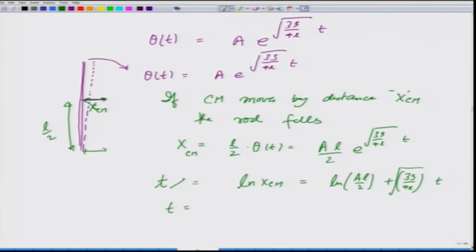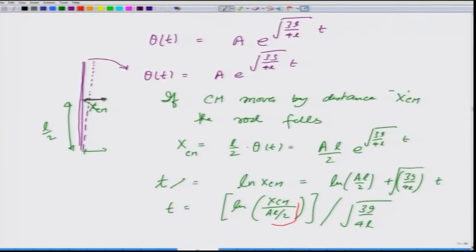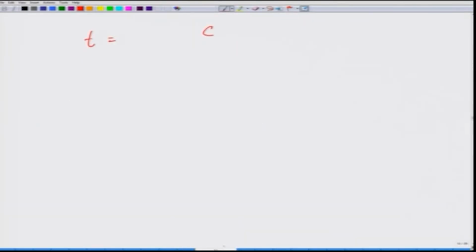So, t is log of x Cm divided by aL by 2, divided by square root of 3g over 4L, and this gives me time is equal to some constant, which is this log of x Cm by aL by 2, divided by square root of 3g over 4L, which is nothing but square root of 4L by 3g times a constant.